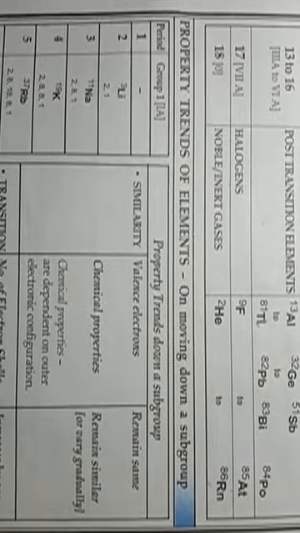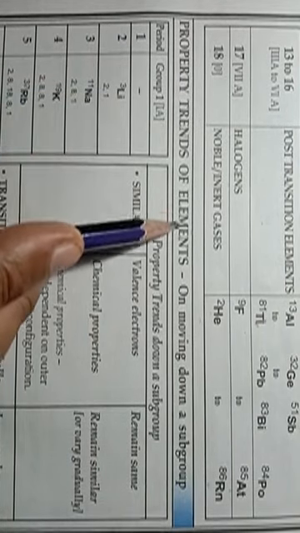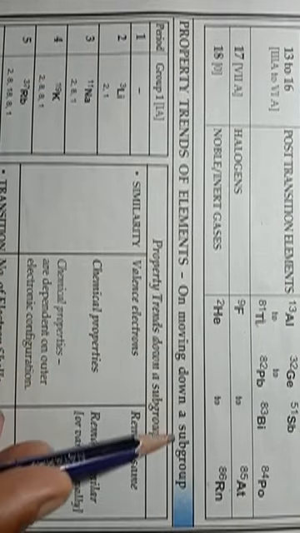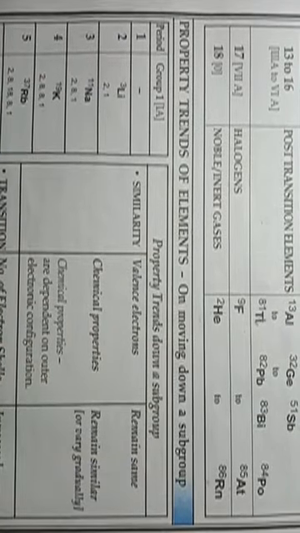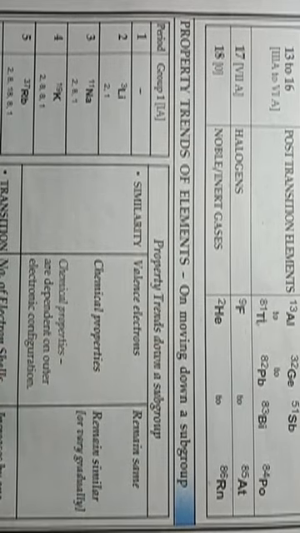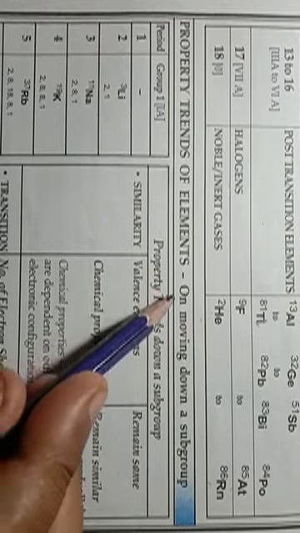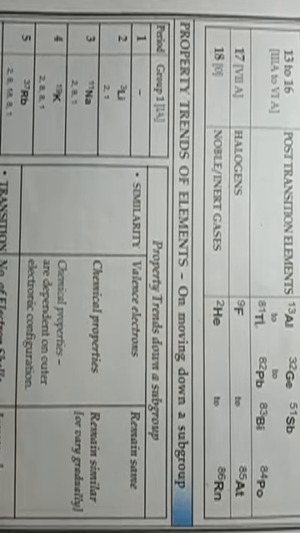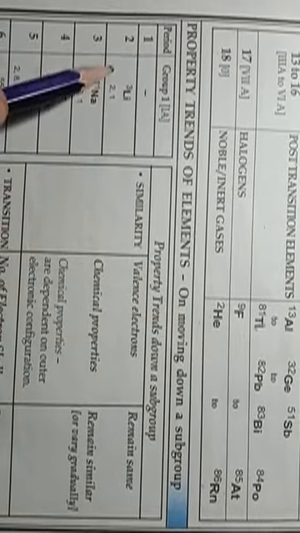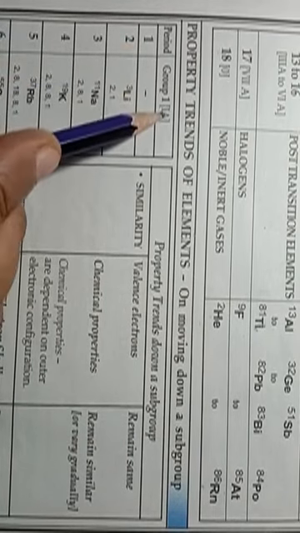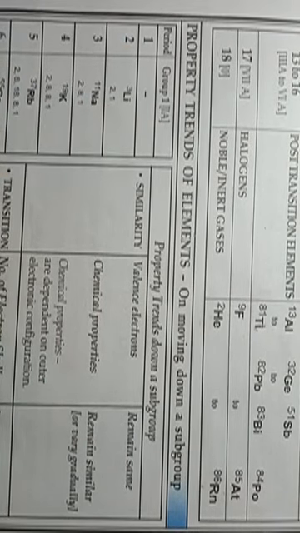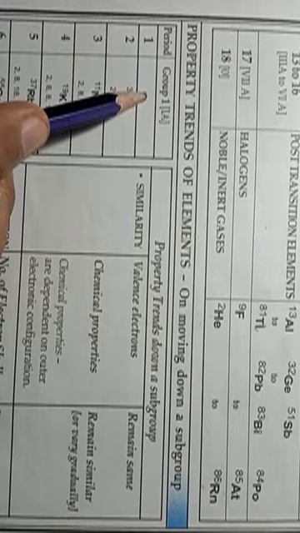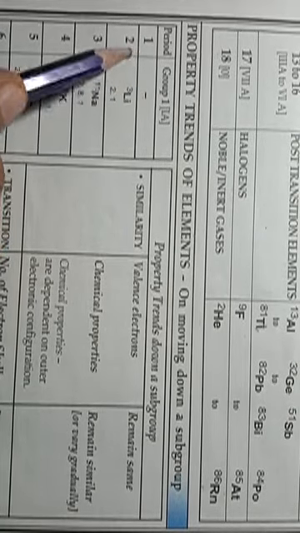The next heading is property trends of elements on moving down a subgroup. Which type of changes take place when we move from top to bottom in a group? For example, the first group is given here, and this place is vacant for hydrogen.